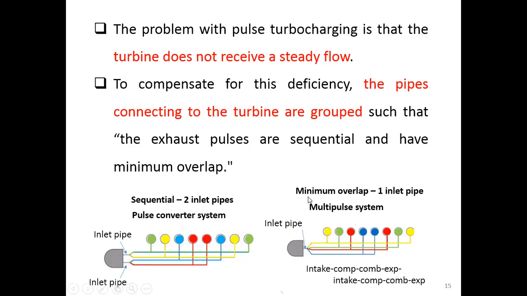How about the minimum overlap here? That means we want a sequential flow, but we do allow some overlap to happen in this sequential flow, and we try to minimize it. The way we minimize it is that if the exhaust flows in the yellow line, the next exhaust flow should not come in the yellow line.